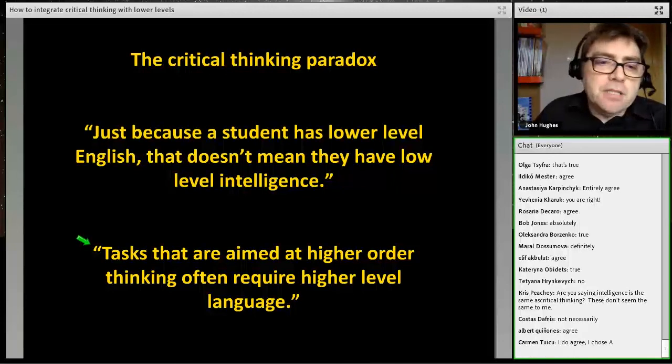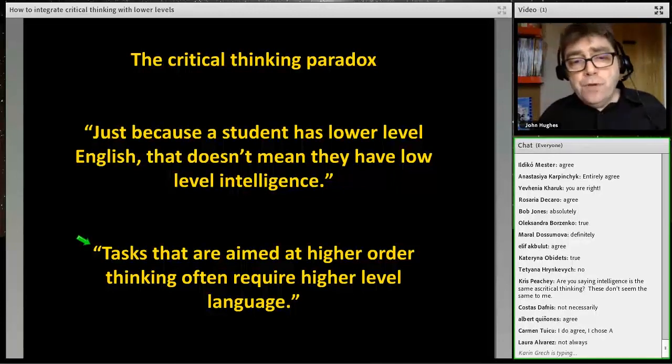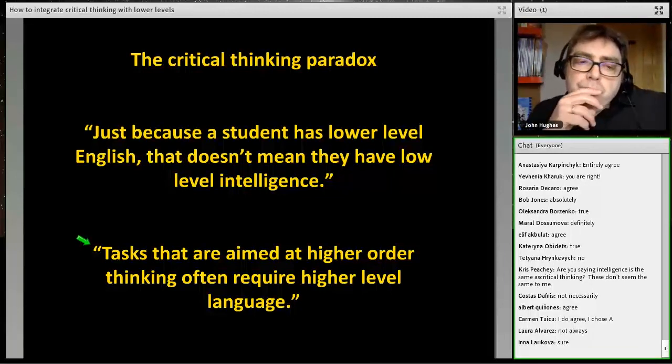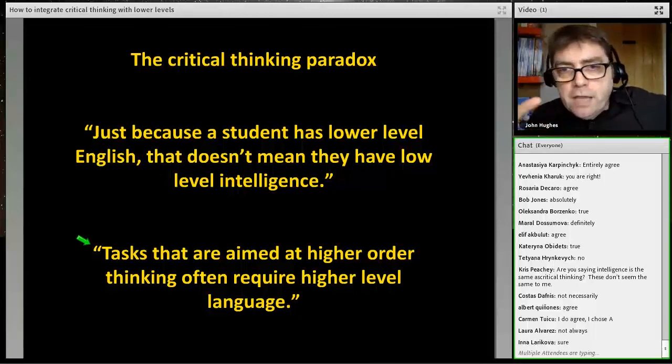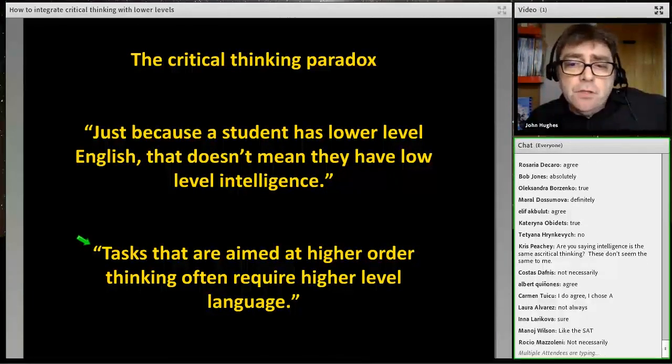Or if we, for example, ask students to look at an authentic reading text, then sometimes if it's authentic, it means that they need higher level English. So the challenge we have is to introduce higher order thinking activities for lower level learners.